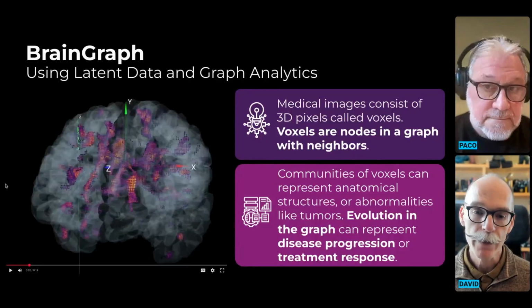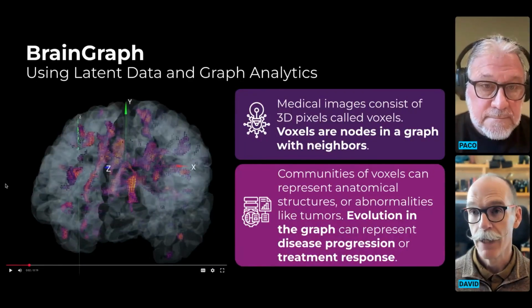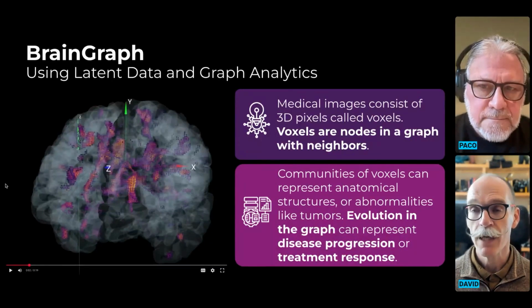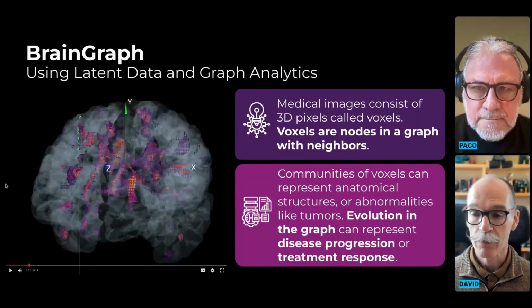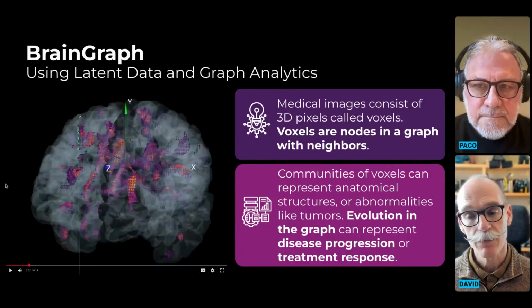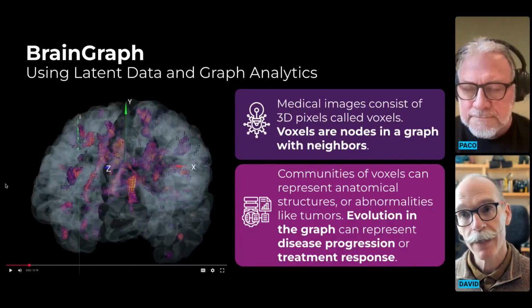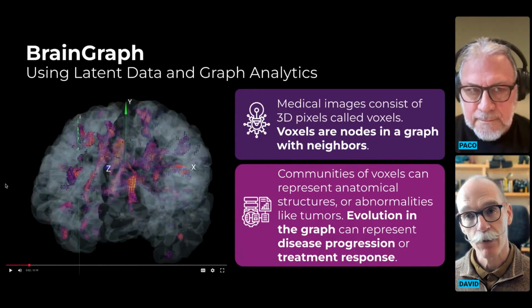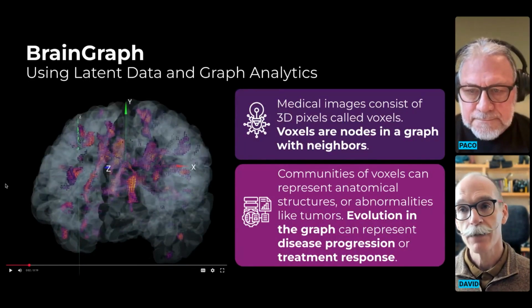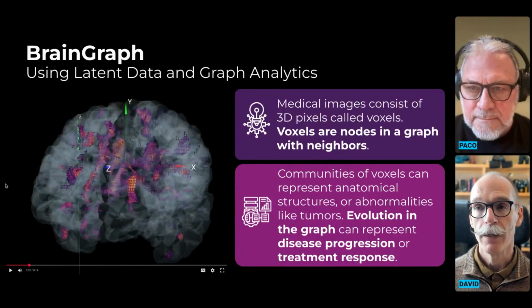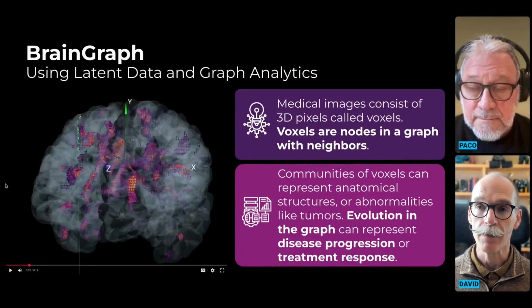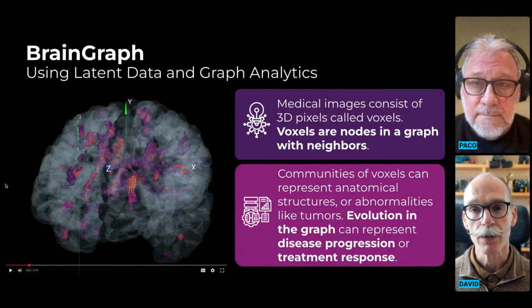And before you know it, you have a brain graph. And this is a graph representation of an organ. And as medical images do, there's a series of studies over time that I can now compare that brain graph against, and start to ask questions like, is this lesion spreading? Is it splitting? Is it condensing? So I can look at disease progression.